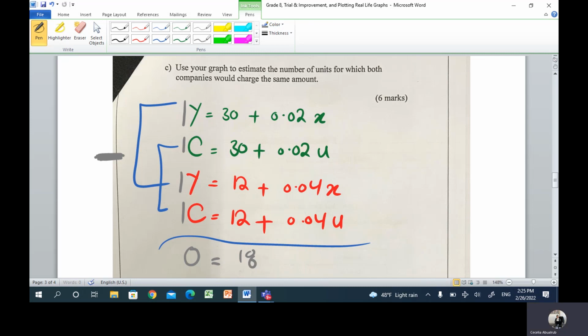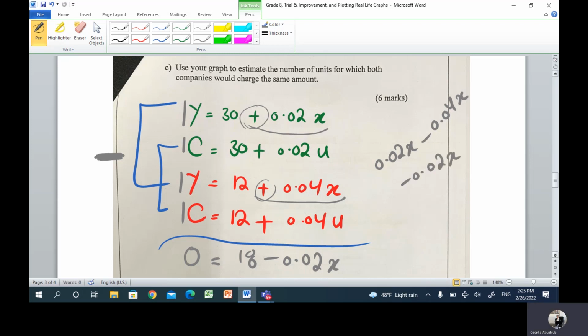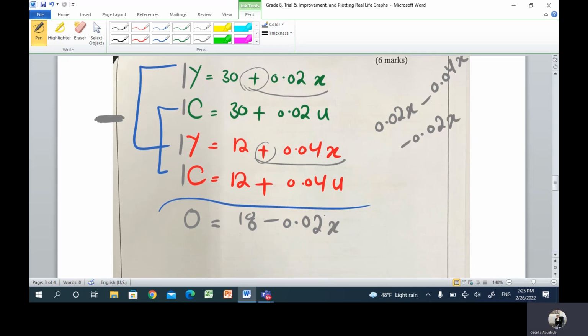And then 0.02, and mind the sign that is ahead: 0.02x minus 0.04x will be minus 0.02x. Perfect.